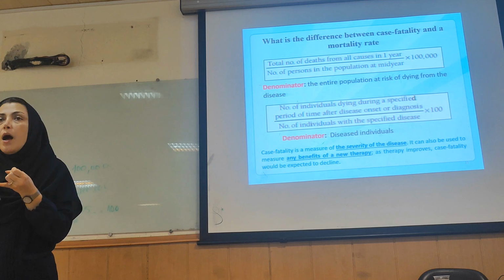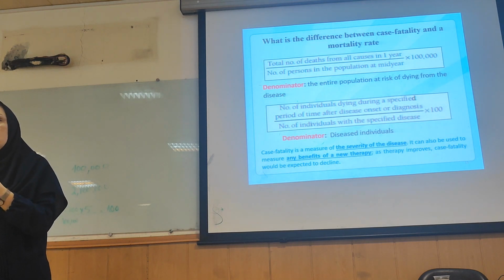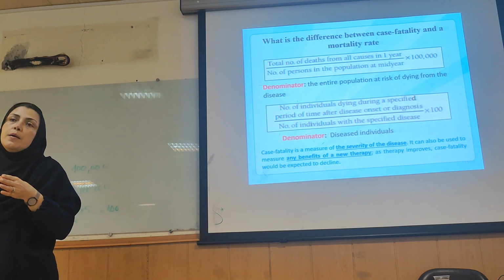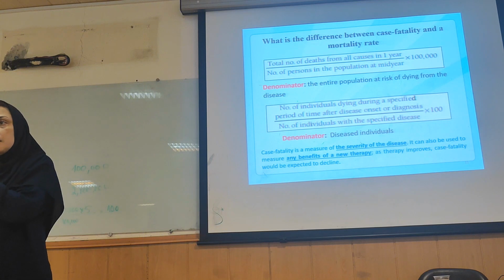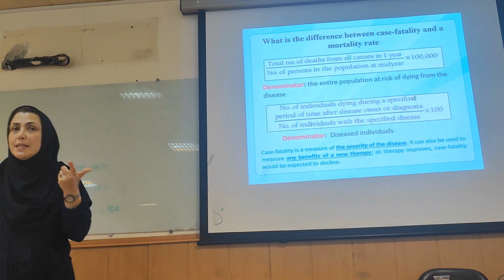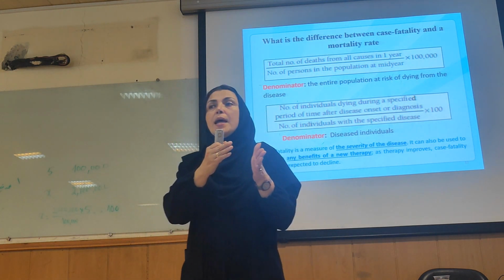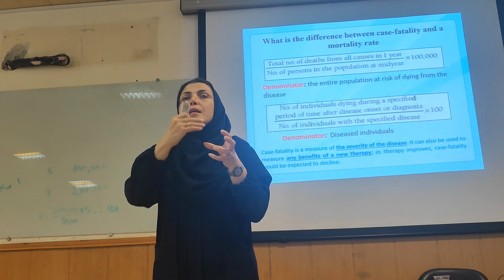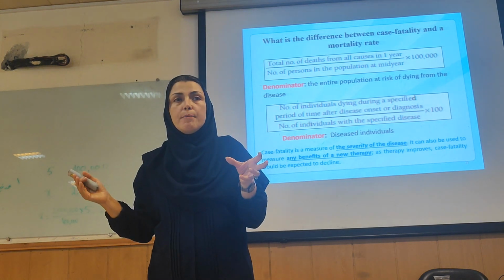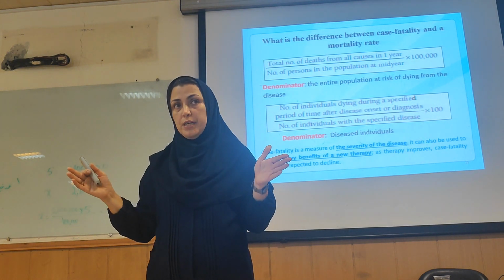It means ICD codes. We use this system for categorization, for labeling the disease, because we want a unique system and to make the cause of death comparable in each country.